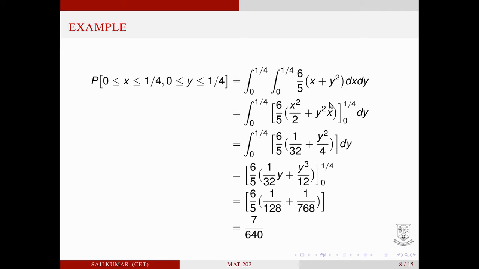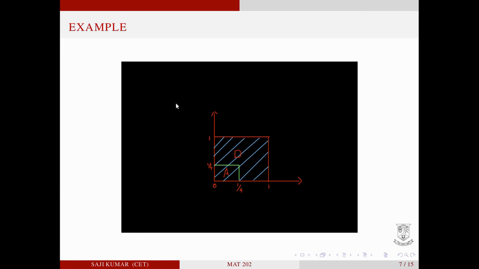After integration with respect to x, the entire thing reduces to a function of y, and then integrating the single integral, we get the answer as 7 by 640. So this is the probability that the pair of random variables lies within this subregion, say capital A.